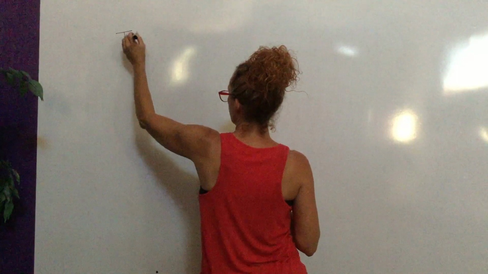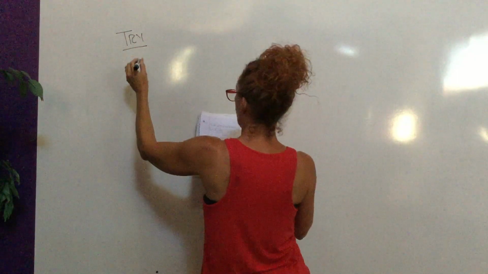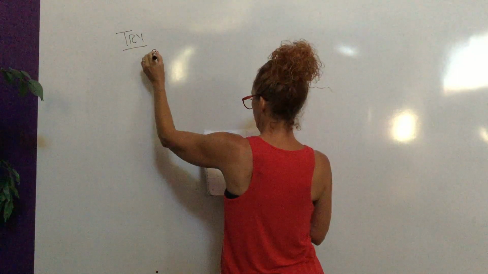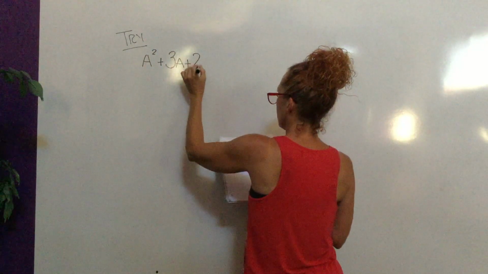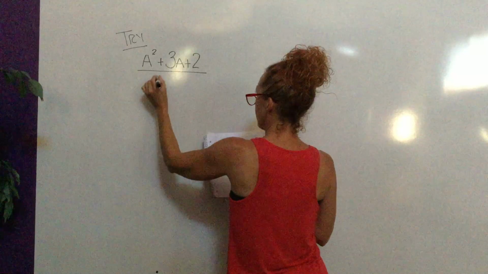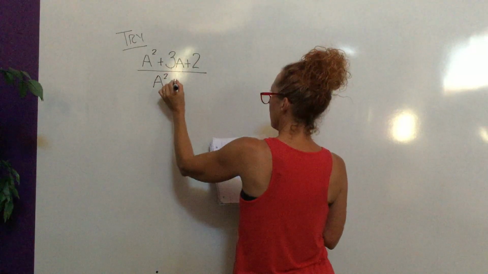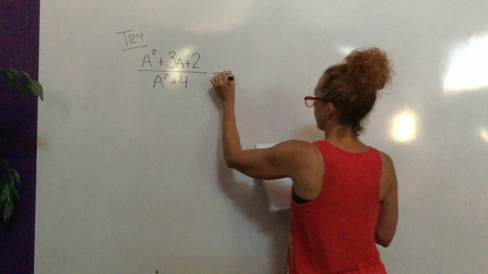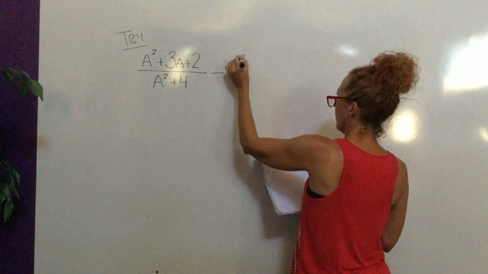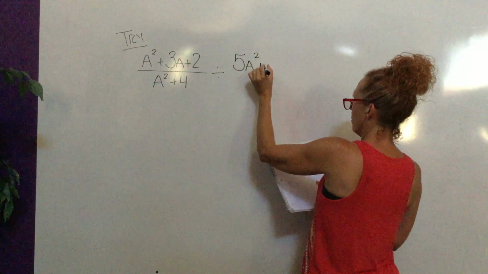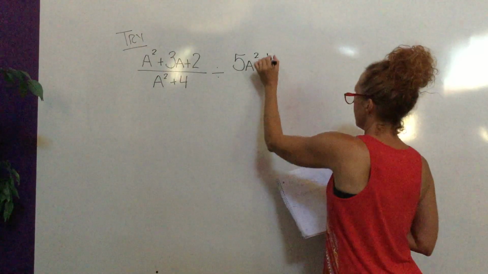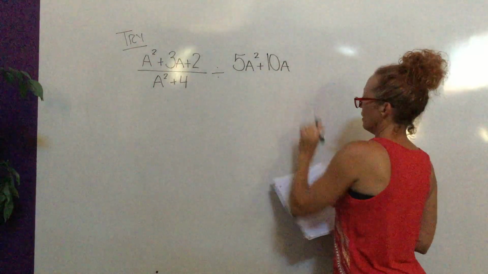So example, try, it can go either way. Let's do a squared plus 3a plus 2 over a squared plus 4, and then divided by 5a squared plus 10a.